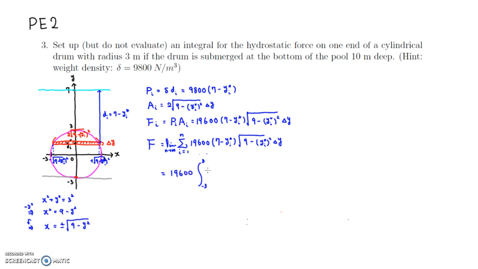Then we strip off the i and star, so you have 7 minus y times the square root of 9 minus y squared, and the delta y becomes dy. So this is the integral for the hydrostatic force on the side of the cylindrical drum. That's it. I hope that this was clear.